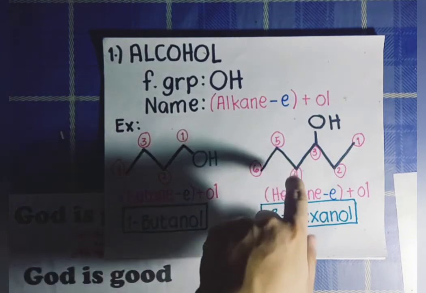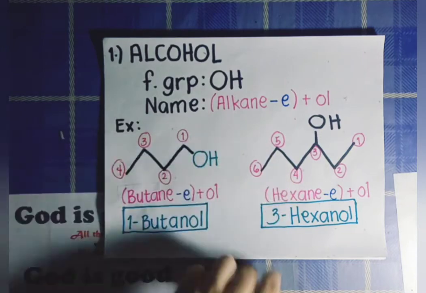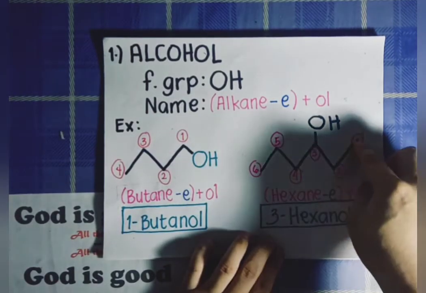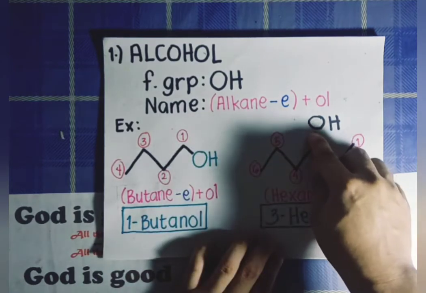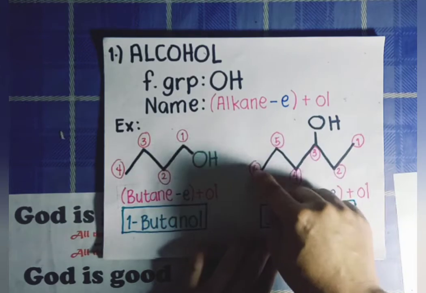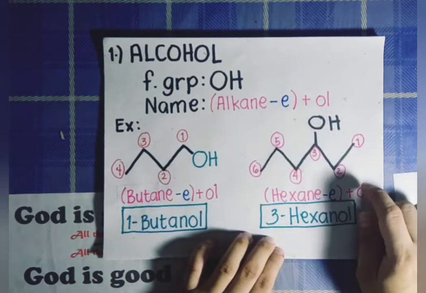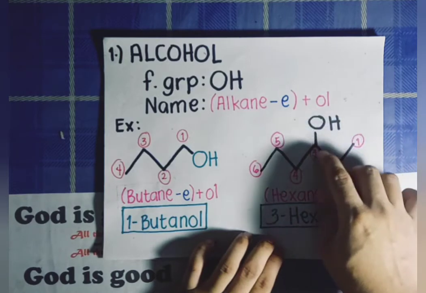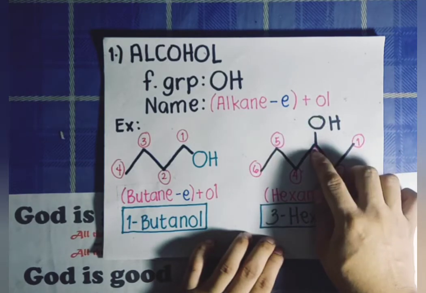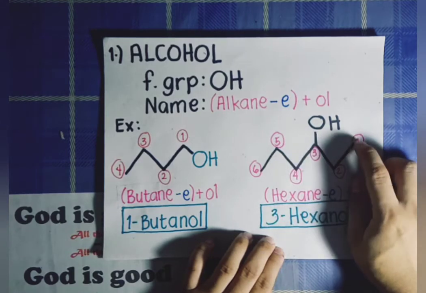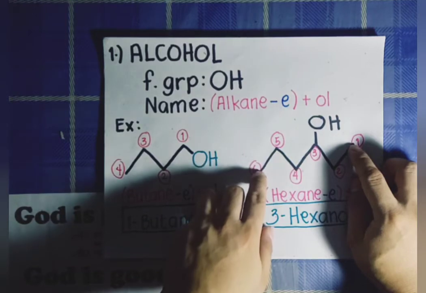Another one is this alcohol. Now for this alcohol, we have here 1, 2, 3, 4, 5, 6 carbon atoms. This one is not carbon atom, it's OH. So it's not carbon atom. 1, 2, 3, 4, 5, 6. And our OH here, or the alcohol group, is actually located at the third carbon. Now here, our carbon number 1 is this part, or this terminal side, and our carbon number 6 is this terminal side, okay?